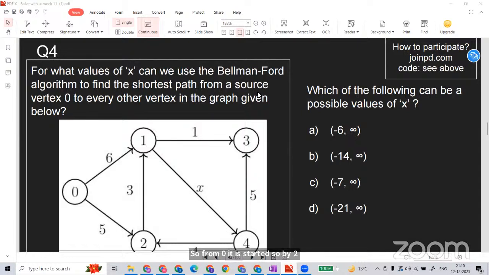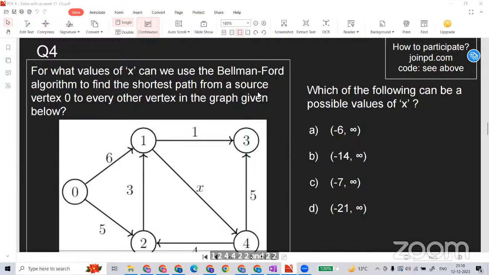By 2 ways if you go, the weight of 2 is going to be 5 and the weight of 1 is going to be 6. Now see that there is a cycle, right? What is the cycle? 1 to 4 and 4 to 2 and then 2 to 1. There is a cycle: 1 to 4, 4 to 2 and 2 to 1.